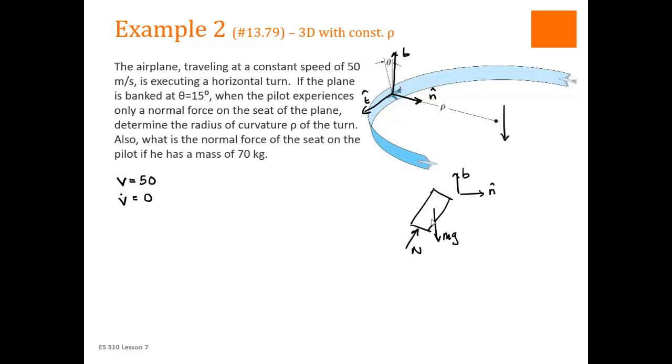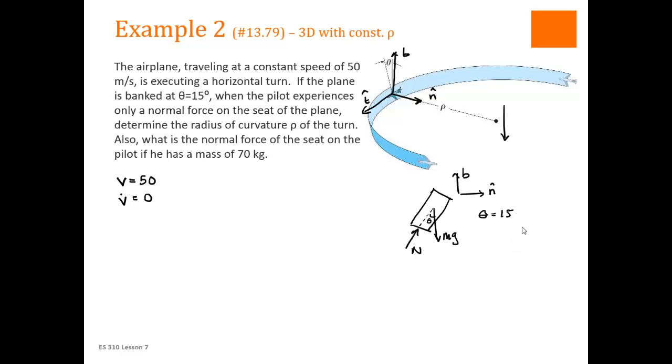So the normal force is the one we need to find the components of. Well, we're told that the plane is banked at 15 degrees. So this angle right in here is 15 degrees, because that's the tilt of the plane, which tilts the seat, which tilts the normal force. Alright, so theta is 15 degrees.